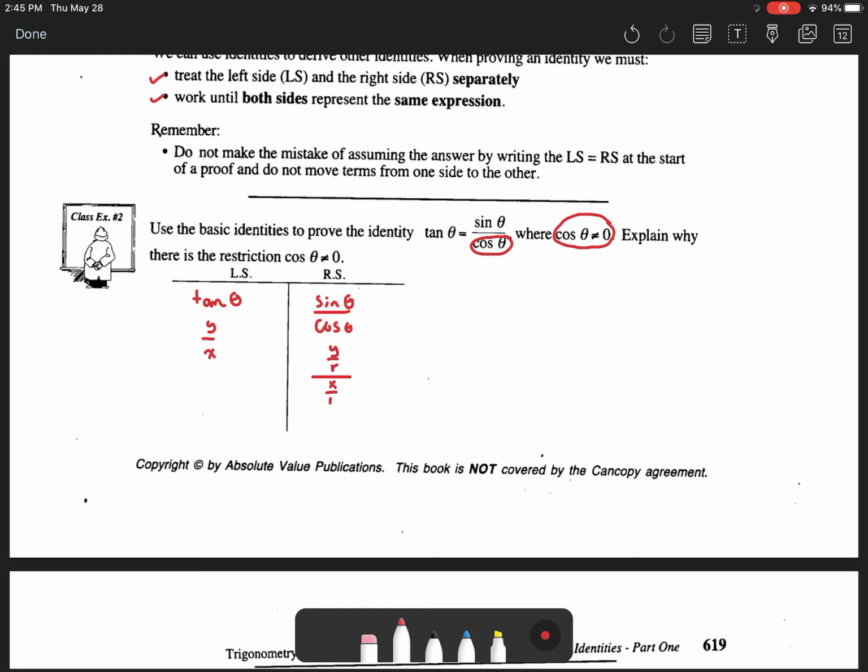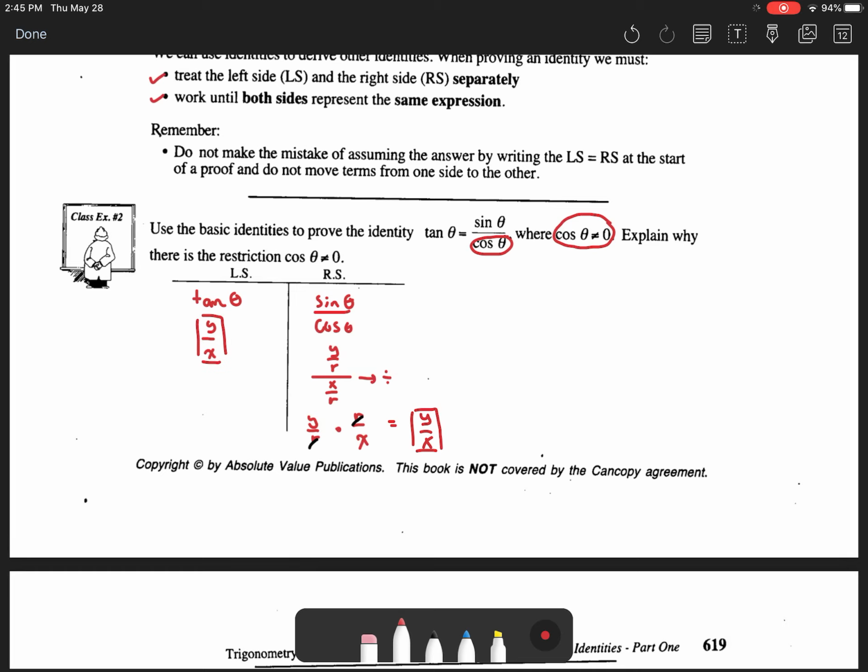Now, sine of theta is always y over r divided by cosine, which is x over r. Again, this line between the expressions is division, so that is equivalent to y over r times r over x. Hopefully you can see the r's will cancel out, leaving you with an expression of y over x.